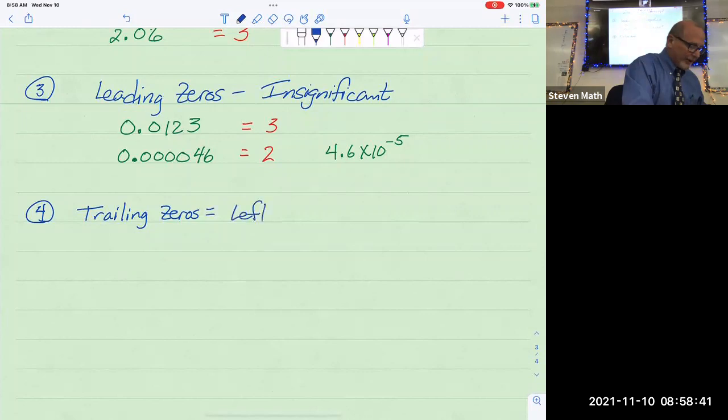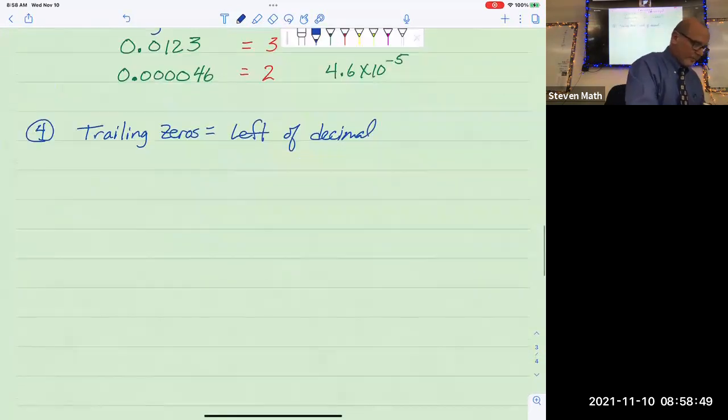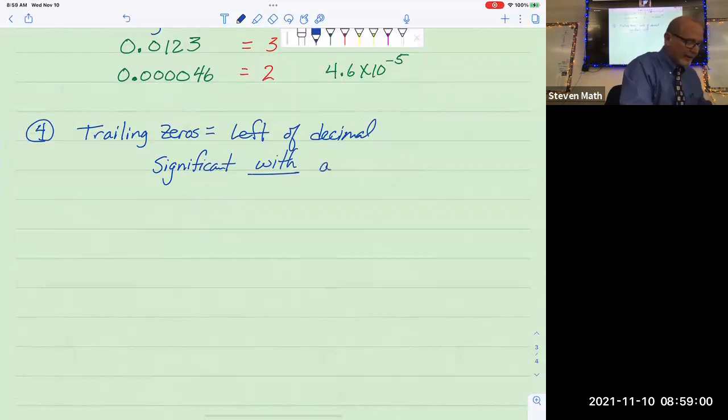First ones are going to be left of the decimal. These are going to be significant when there is a decimal. These are insignificant without.